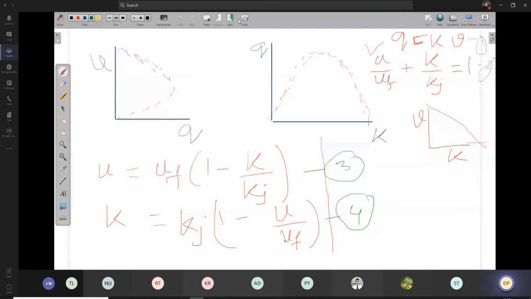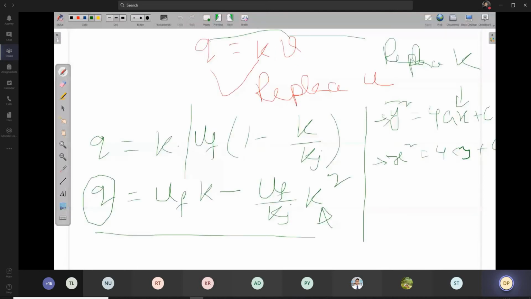How to get that? To find that relationship, again I write the equation Q equal to KU. In the earlier case what did I replace? I replaced U. Now I will replace K. So what is the K replacement?